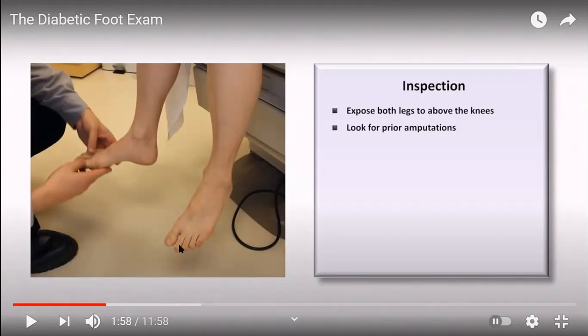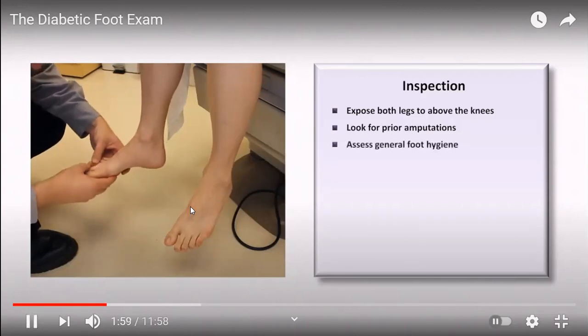Any kind of deformities, any kind of pattern of the hair, right? Everything is included in inspection. Any swelling, any tumor, any mass, any ulcer, is there or not.